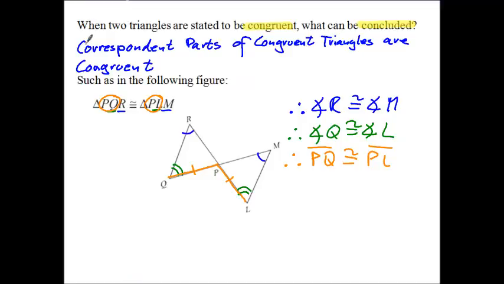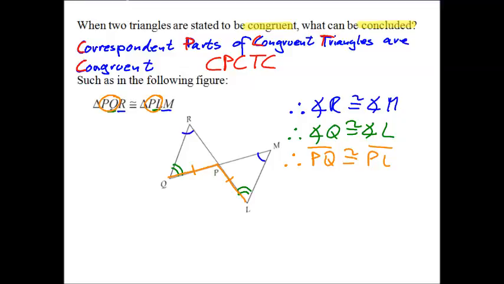Let's mark the beginning letters. And that is the abbreviation that I want you to write down and remember. CPCTC stands for corresponding parts of congruent triangles are congruent. And this is a very important principle that we need to remember for the rest of this lesson and going forward.